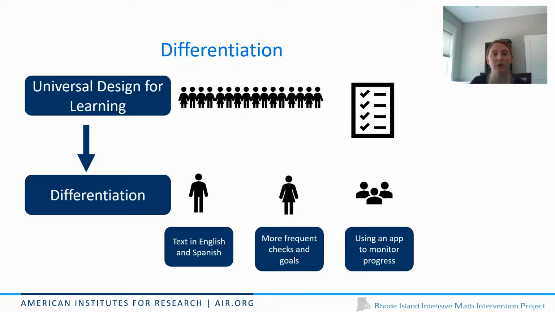She needs more frequent monitoring checks than the other students, and you need to build in an additional goal area for her to monitor related to completing mathematics assignments independently using a checklist. And you also have a small tech-savvy group of students who use an app to monitor their progress rather than filling out a piece of paper. By integrating differentiated instruction into your UDL approaches, you've successfully supported all learners in your class while also meeting their individual needs.